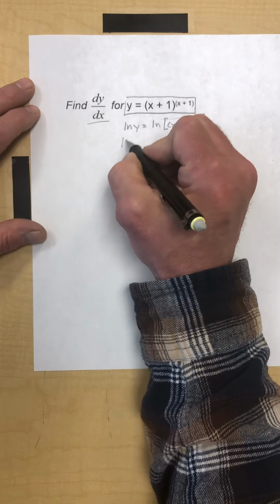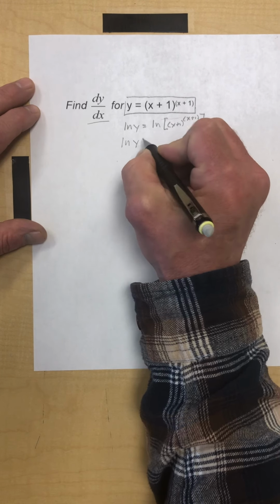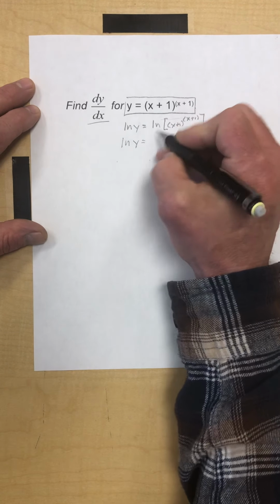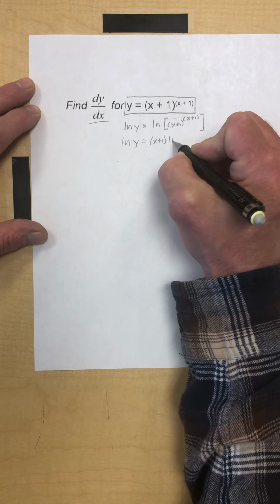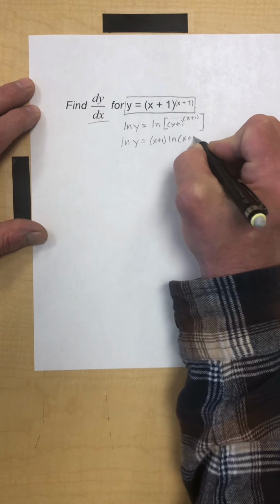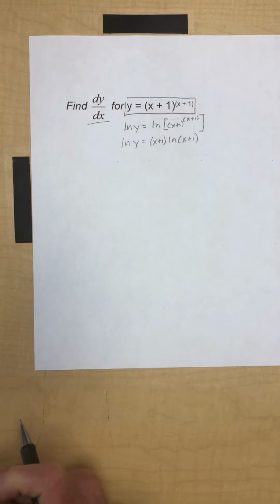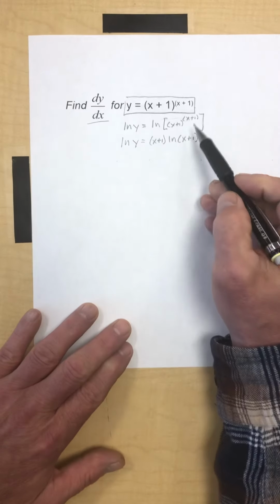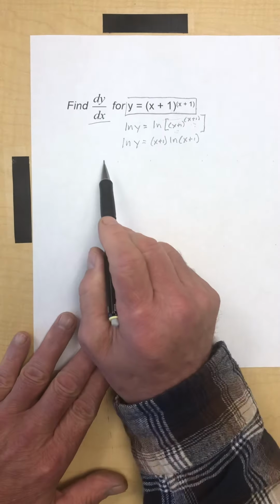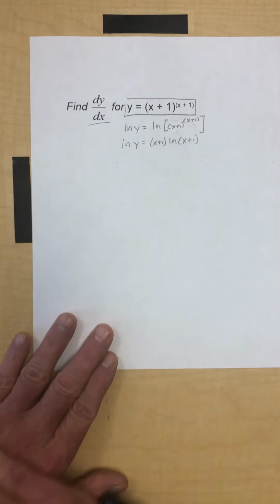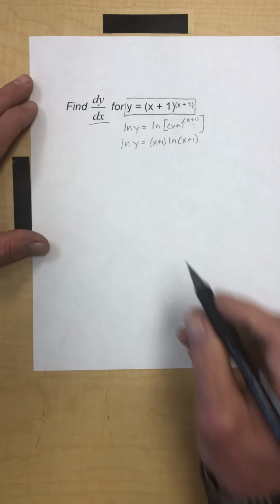Okay, so we get the natural log of y equals x plus 1 coming out front times the natural log of x plus 1. Okay, and now we've got this base and this exponent pulled away from each other. So now I can differentiate straight across and we'll be in good shape.